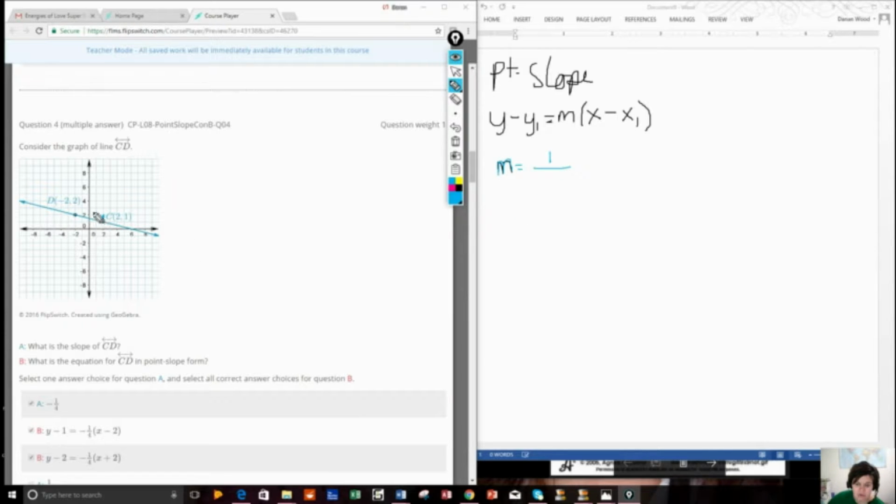Now, the run is our horizontal distance, and we're going left, so that means it will be negative. And we went left 1, 2, 3, 4. So negative 4. Okay, 1 divided by negative 4 is the same thing as negative 1 divided by 4. So negative 1/4. That is what we're looking for as our slope. It's right there.